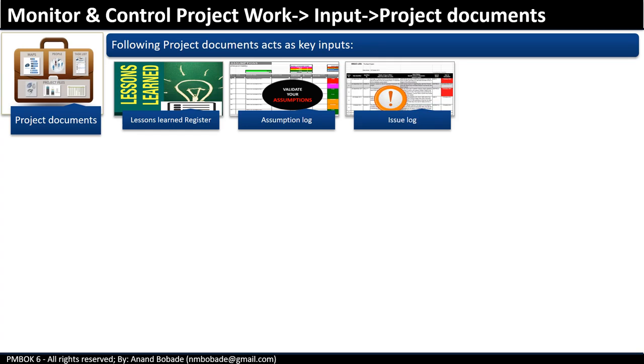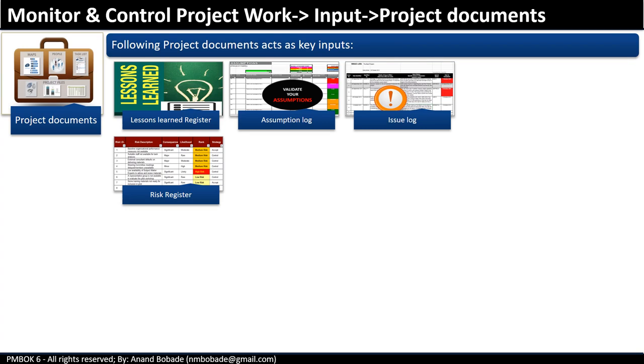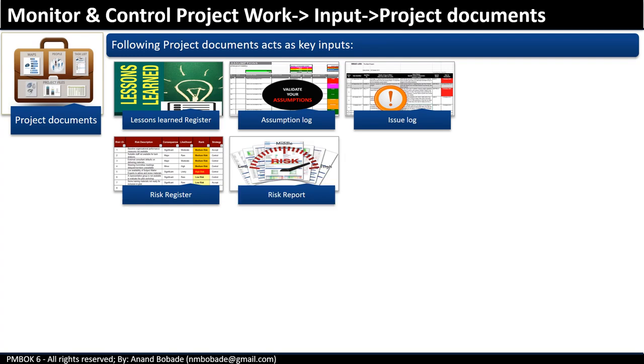The issue log provides information about who is responsible for resolving issues and by which date, what the due date is to resolve that issue. The risk register provides information about threats and opportunities. Of course, you have a lot of information in the risk register. The risk report provides information on specific risks in that time period and overall project risk.